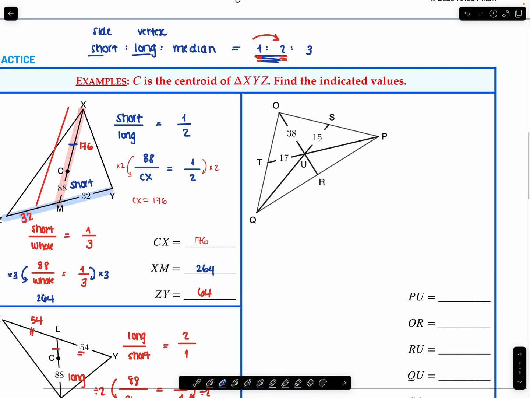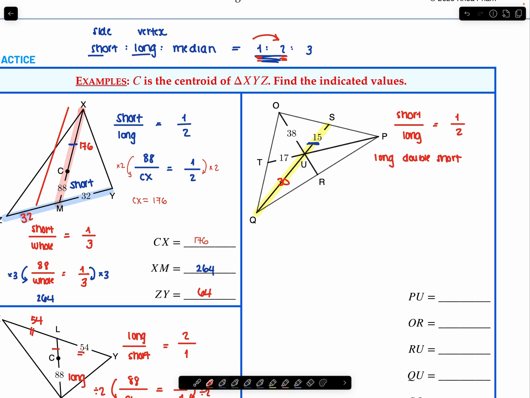Now, I will get more pragmatic with these questions on the right-hand side. Notice that 15 here along the length of SQ is the short side. To get from short to long, the ratio is 1 to 2, which means that the long is double the value for short. So long is double short. And so 15 times 2 is 30.